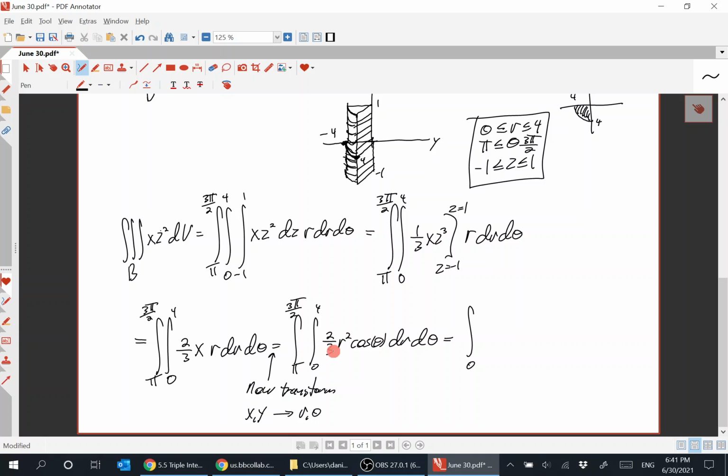Okay, so antiderivative with regard to r, 2/9 r to the third. Two-ninths r to the third cosine theta from r equals 0 to r equals 4 d theta.